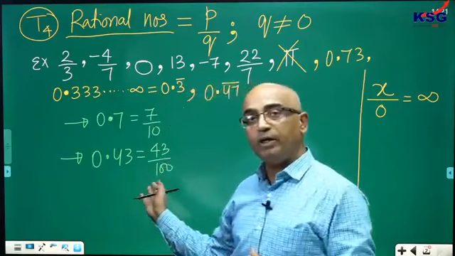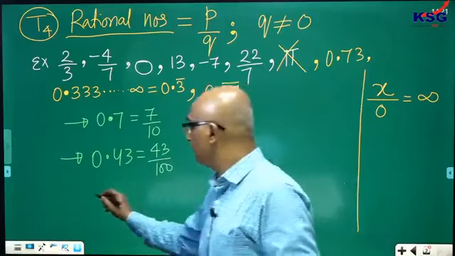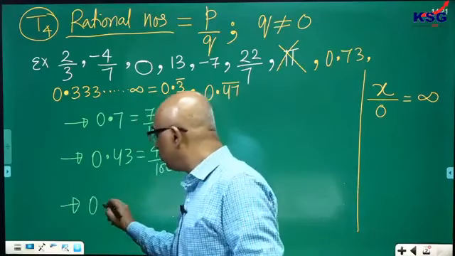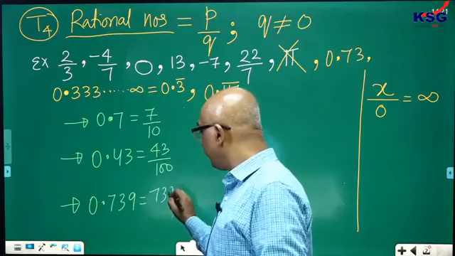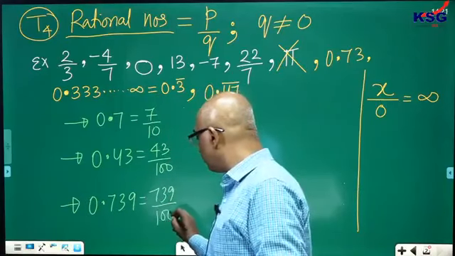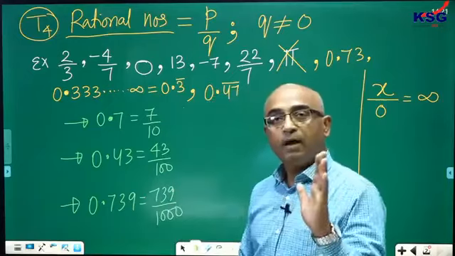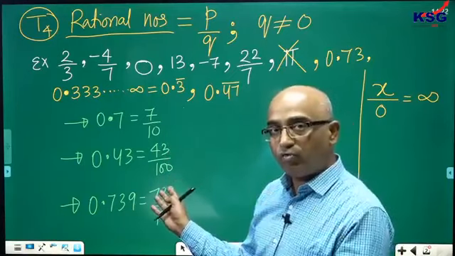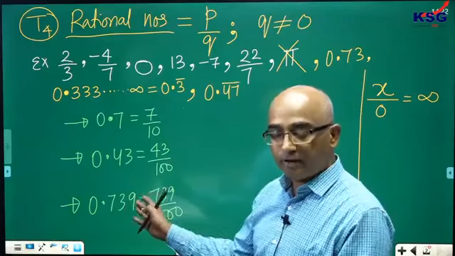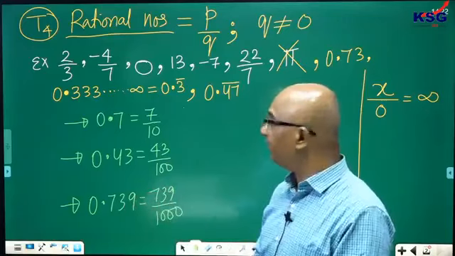Here there are 2 digits after the decimal, so just put 2 zeros. Similarly, if the number is 0.739, then this is equal to 739 by 1000. We know in maths how to convert a decimal number into a fractional number. 3 digits after the decimal, so put 3 zeros in the denominator.